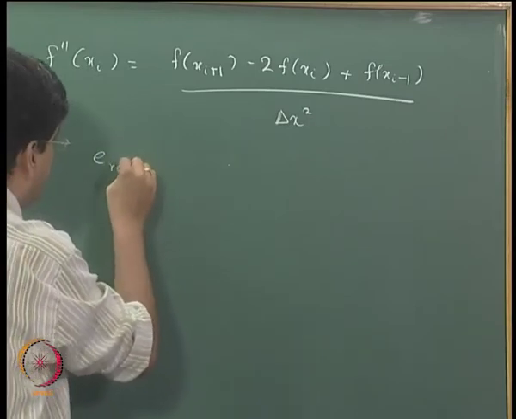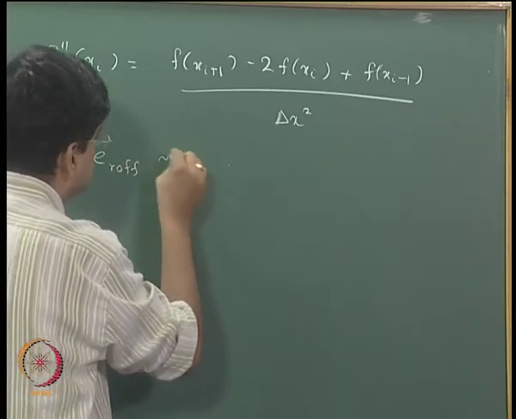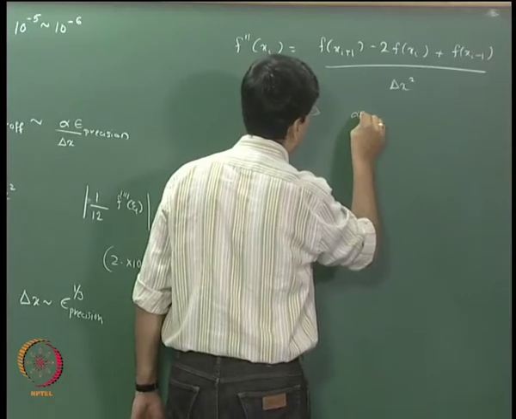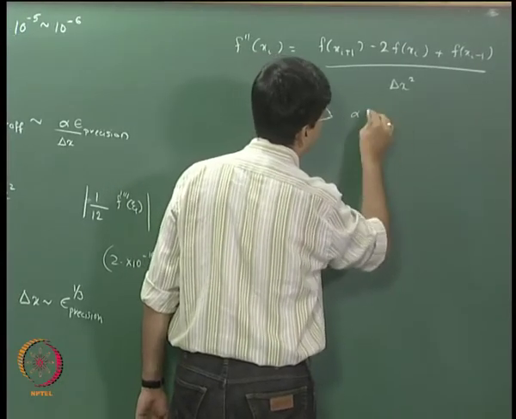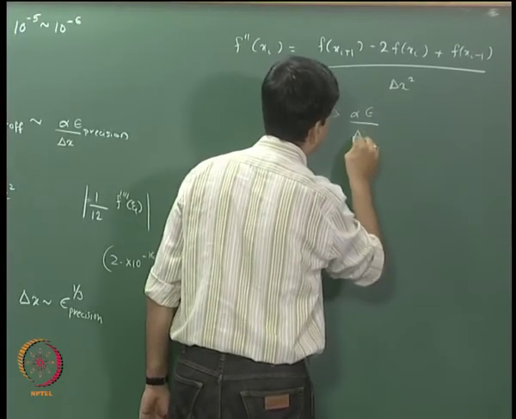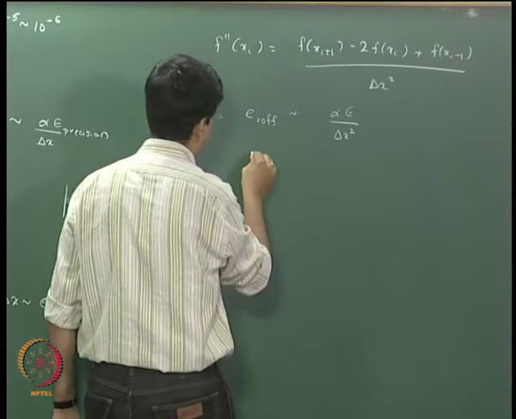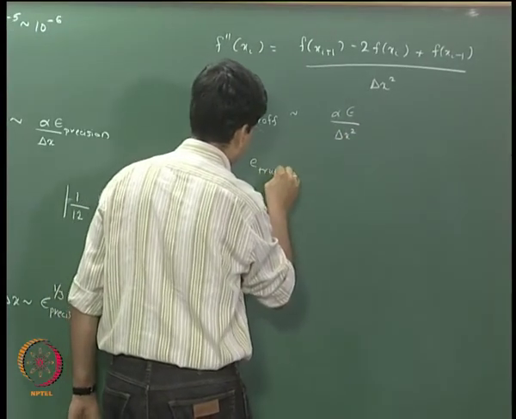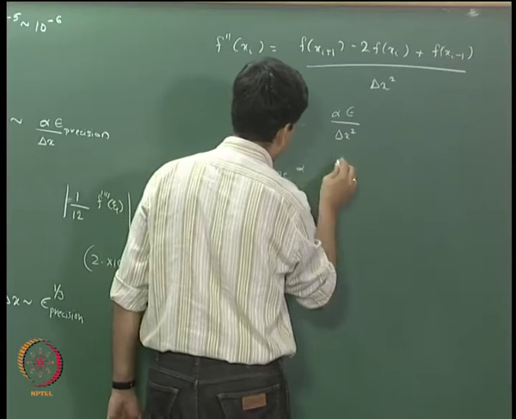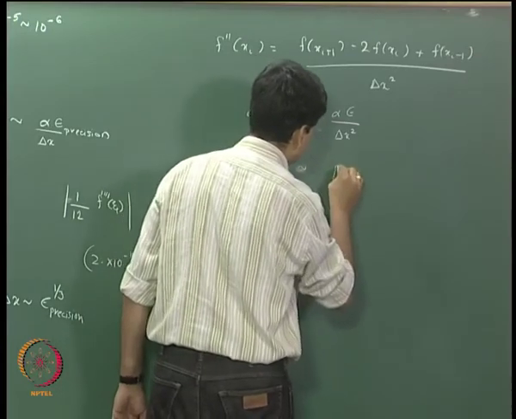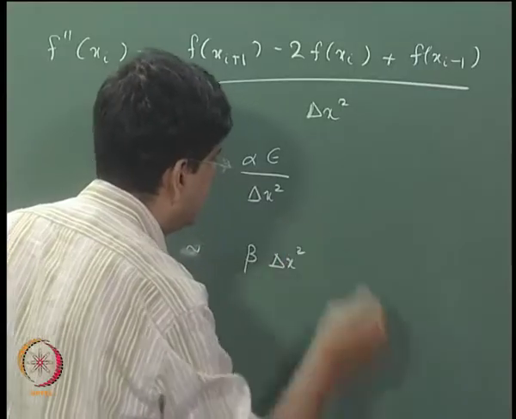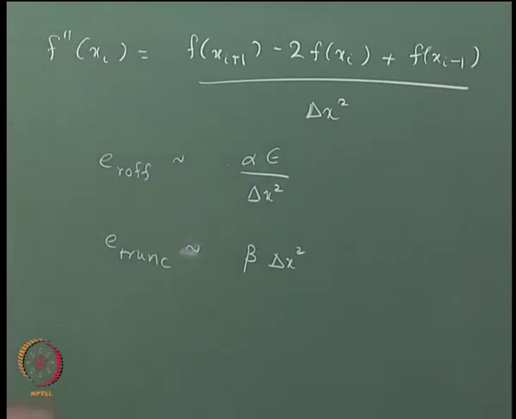E round off is of the order of alpha epsilon divided by delta x squared, and E truncation is proportional to beta delta x squared, okay. The central difference formula for f double dash is second order accurate.